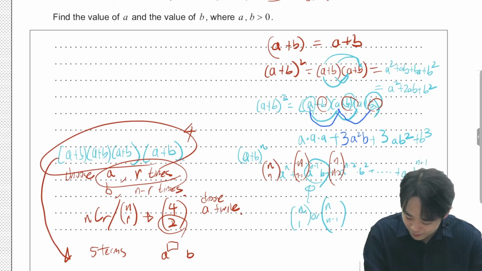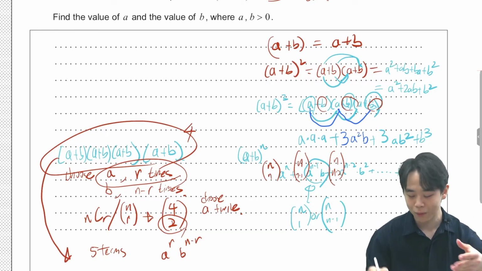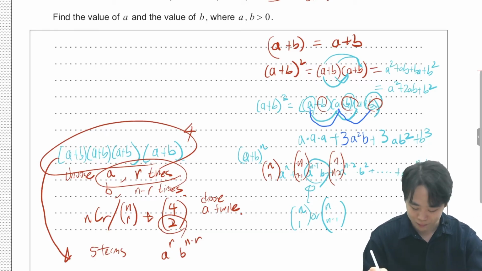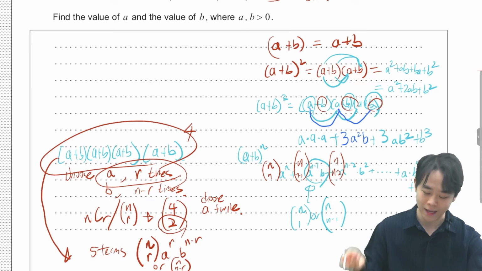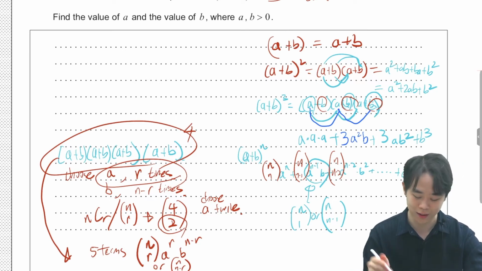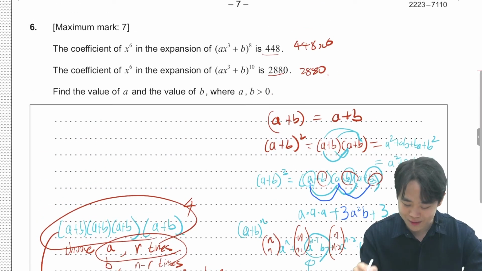So if you multiply a, say, r times, then b is going to be multiplied n minus r times. But we're going to have many ways to find this multiplied expansion. So we would have to multiply either n choose r or n choose n minus r. So we're either choosing a r times, or we're not choosing a for n minus r times. Okay, so that's the idea behind this entire formula. And let's see how this is applied in practice.